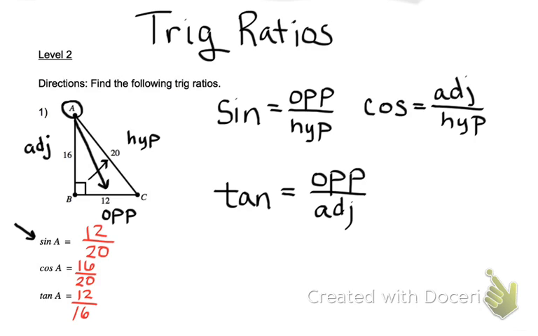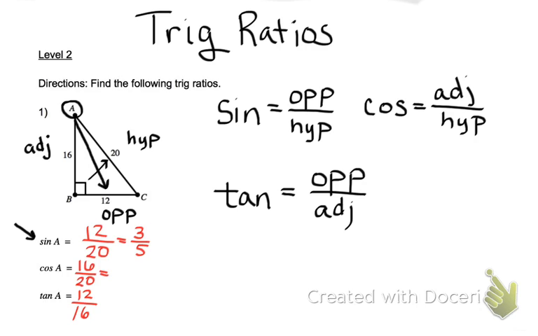Last thing I'm going to do is simplify these fractions. I'm going to go back to the sine of angle A, and I can divide both the top and bottom by 4. So 20 divided by 4 is 5, and that simplifies to 3/5. Next is cosine. Again, looking at 16 and 20, I can divide both the top and bottom by 4.